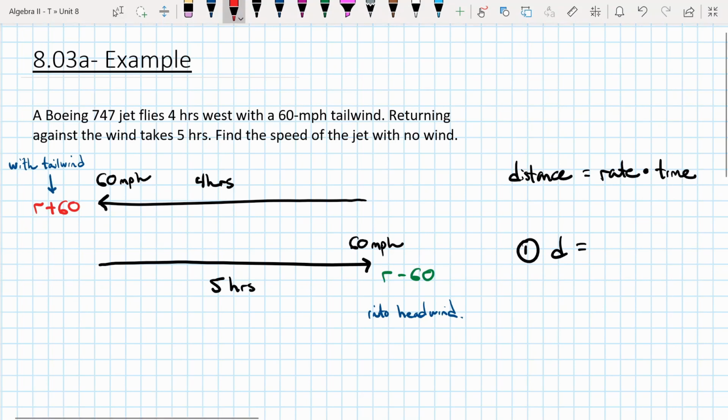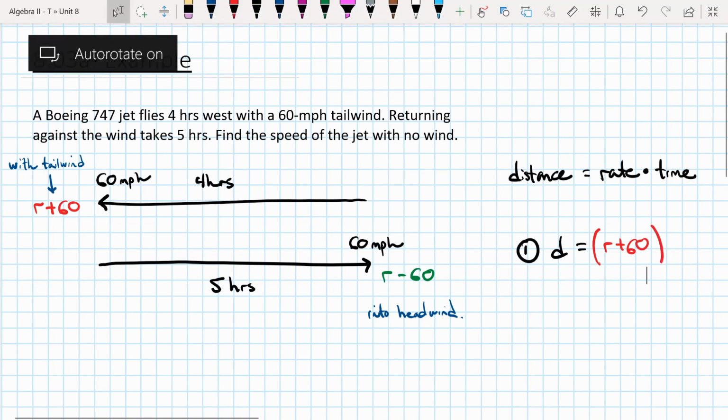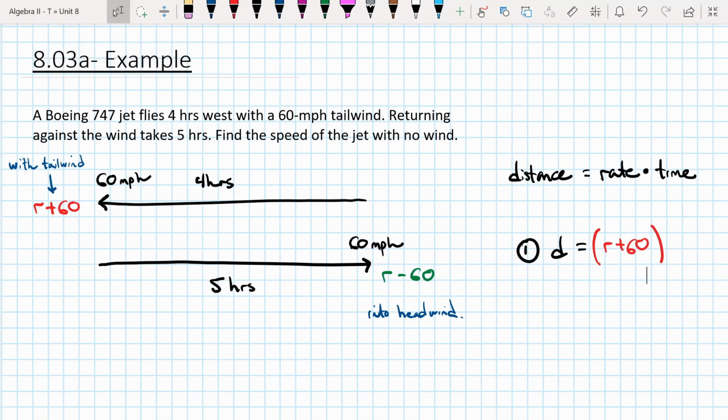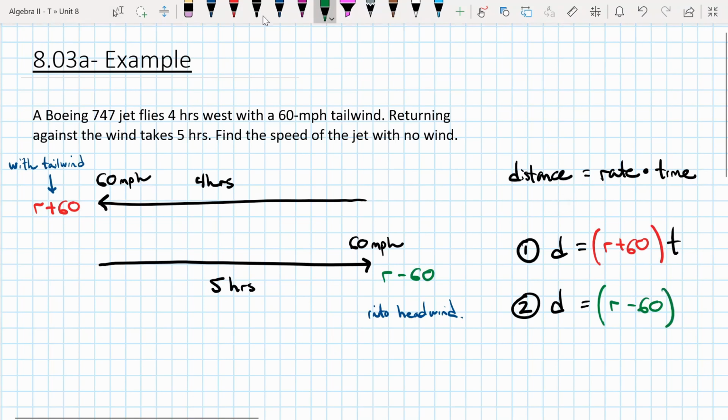Well, we're going to call the rate r plus 60 because we're adding the miles per hour of the tailwind to the rate of the plane times t. And then the second equation, the distance is equal to the rate minus 60 times t.